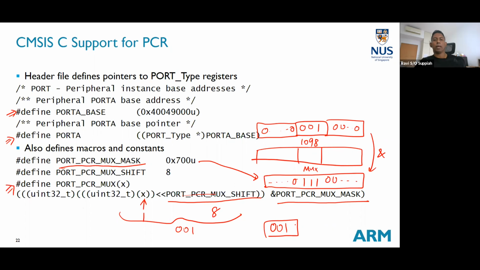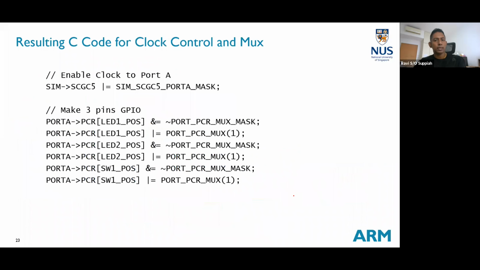And then I will be able to do the correct OR operation to put it inside the register that I am writing to. Okay, so let's see how to do it. Let me just show you this one example. The rest is the same.